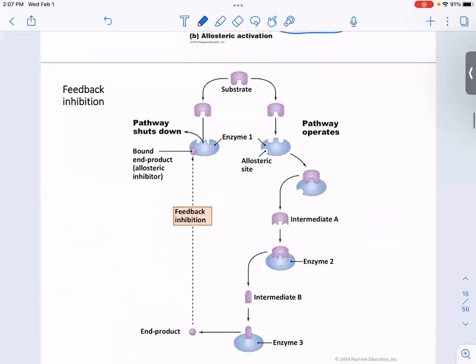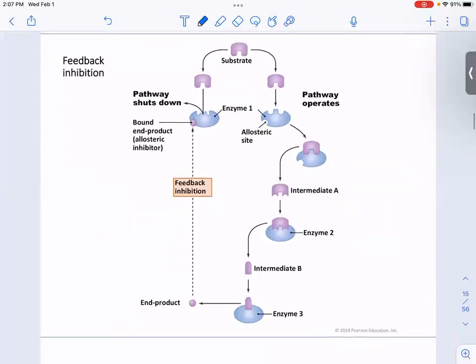And of course, we know instances where there's some kind of feedback inhibition. Usually this is in some metabolic pathway. Here you've got the first enzyme in the pathway, a substrate binds to that, and then there's maybe a few intermediates. You end up with this end product.